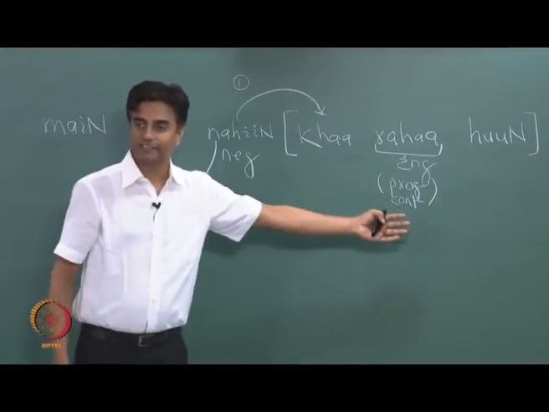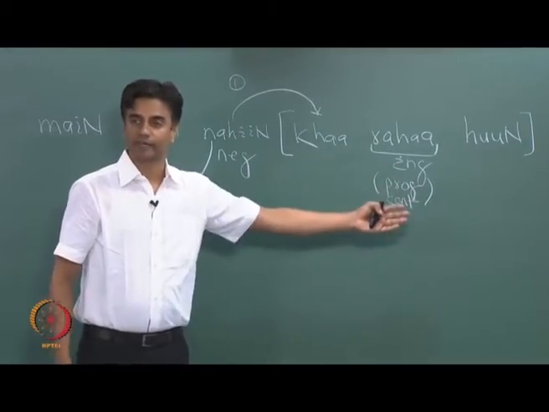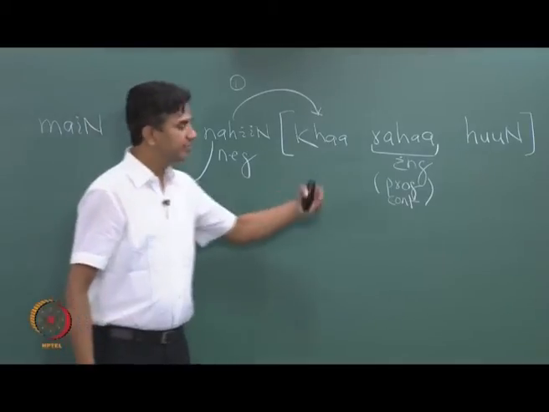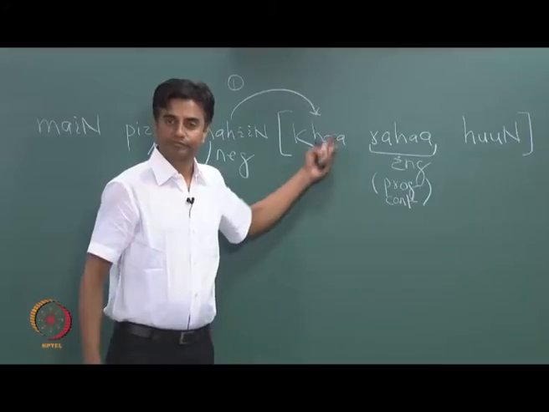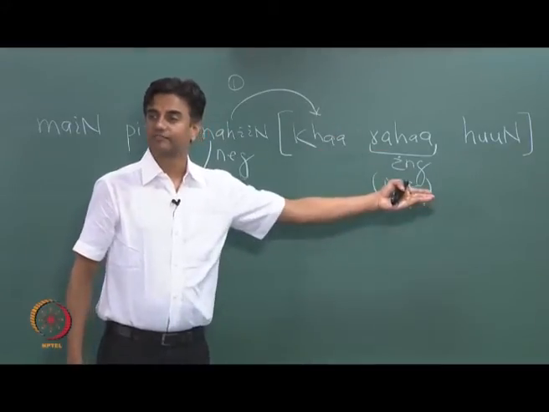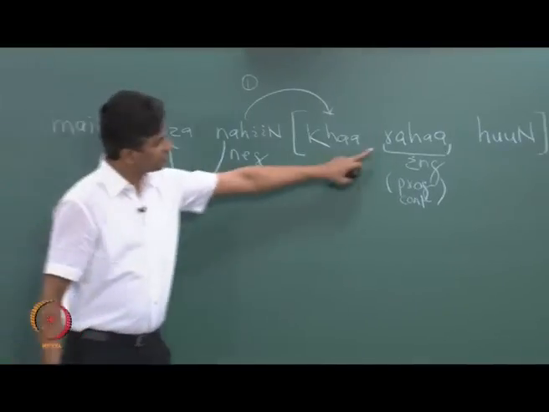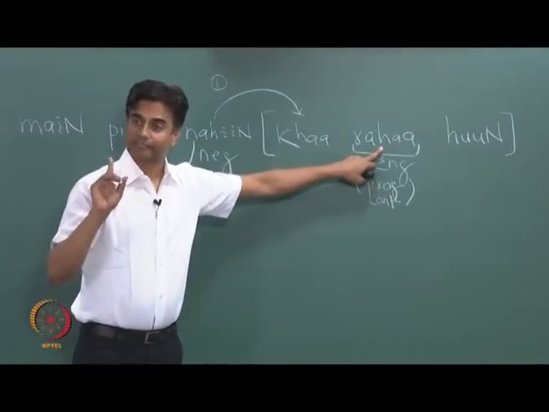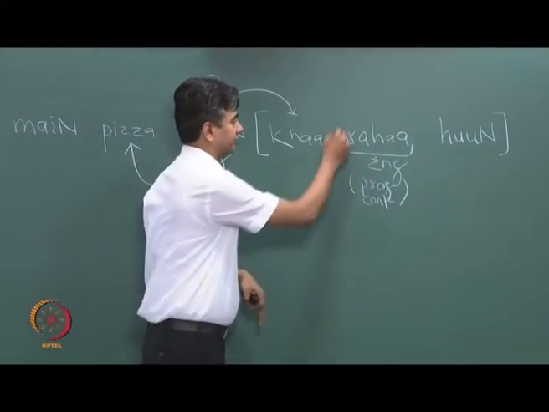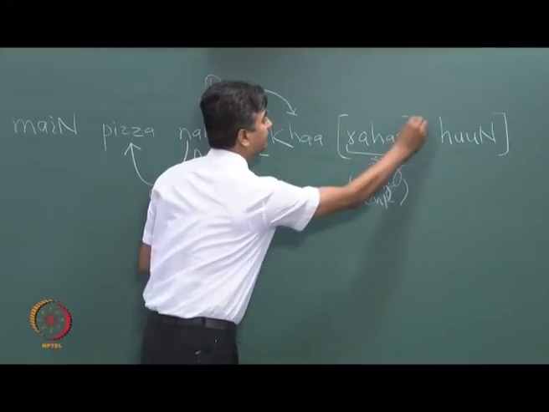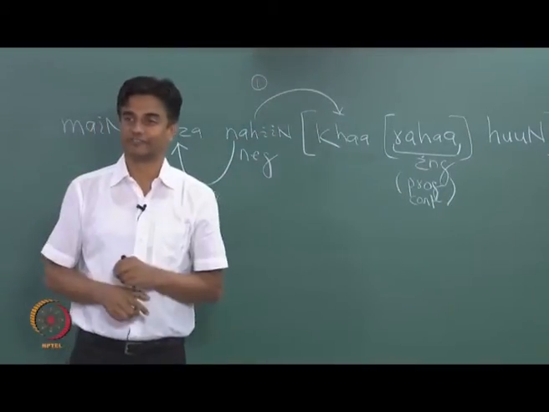This is a continuous aspect marker or progressive aspect marker, which means that something is in progress, that the process of eat is in continuity. All right? This is the only aspect marker in Hindi which comes as a full word. Do you understand what I mean by full word? That is, as a lexical unit.